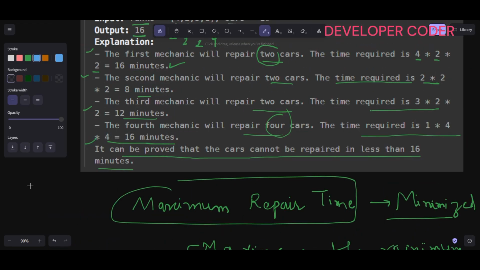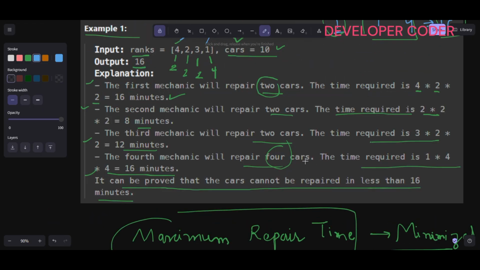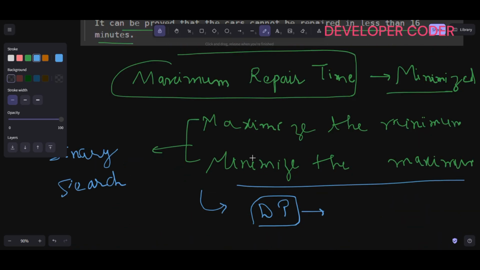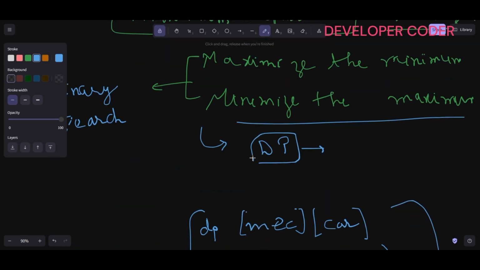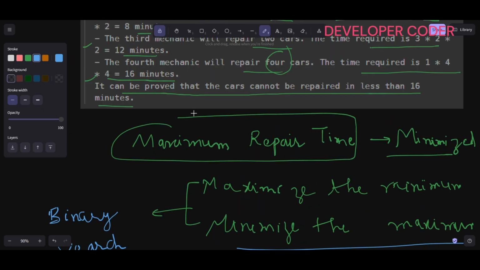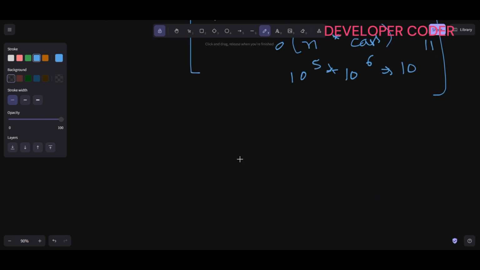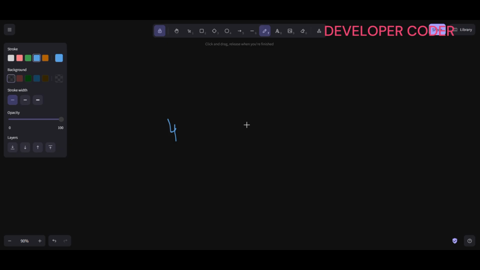Now we are talking about minimizing the maximum repair time. We know that we have to apply binary search now. See, this is the example: 4 2 3 1, and the number of cars is 10.